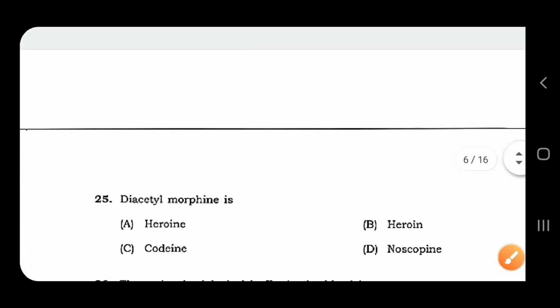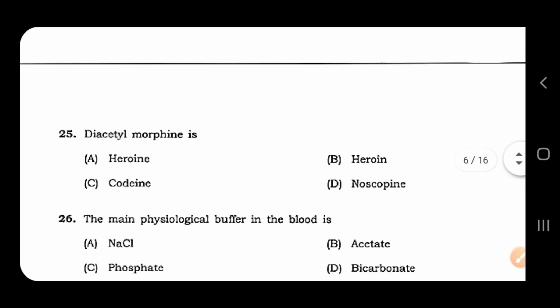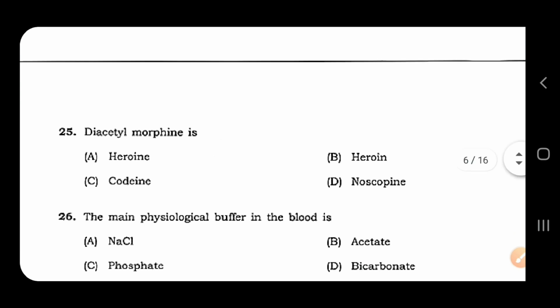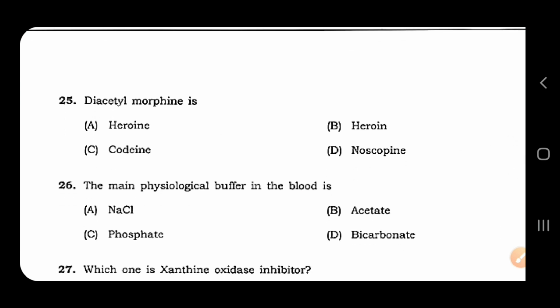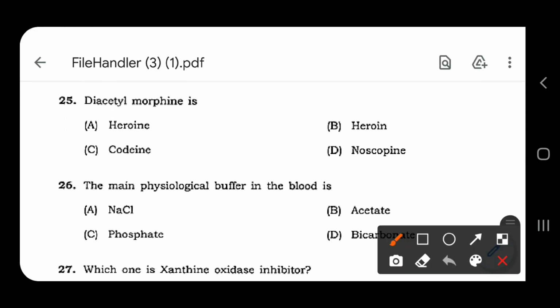Next is question number 25. Diacetyl morphine. Actually, 3,6-diacetyl morphine is heroin, codeine, noscapine. Here the correct answer is B. It is the 3,6-diacetyl morphine.